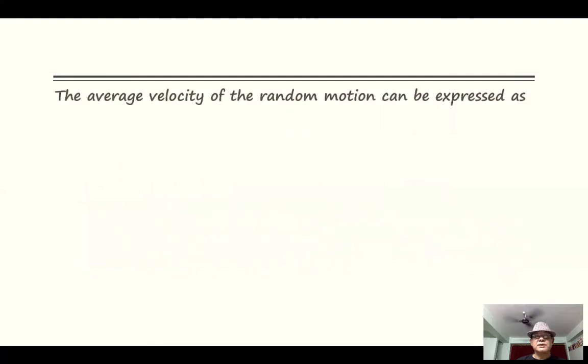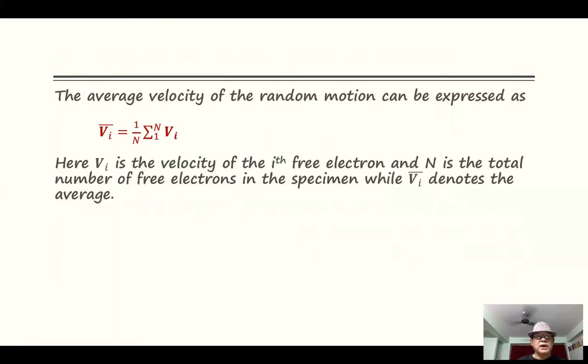The average velocity of the random motion can be expressed as V_i bar equal to 1 by n sum over 1 to n V_i. Here, V_i is the velocity of the ith free electron, and n is the total number of free electrons in the specimen, while V_i bar denotes the average.